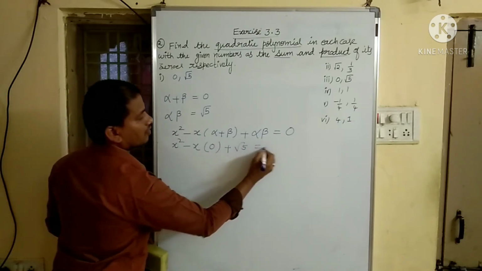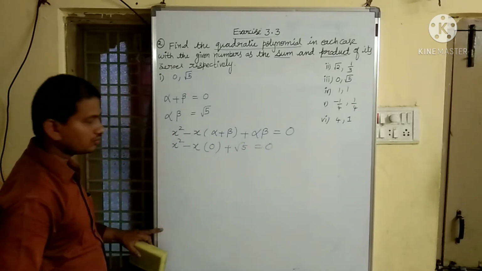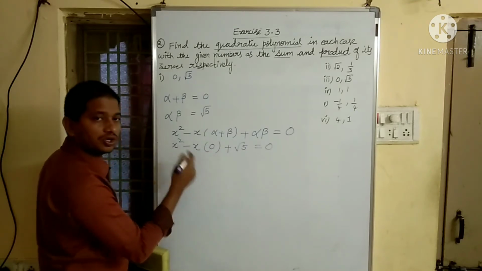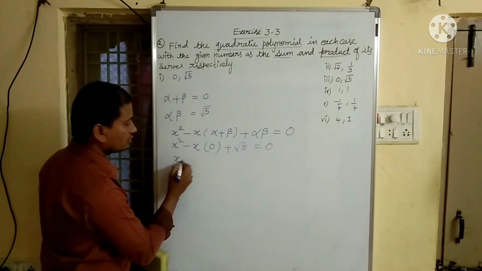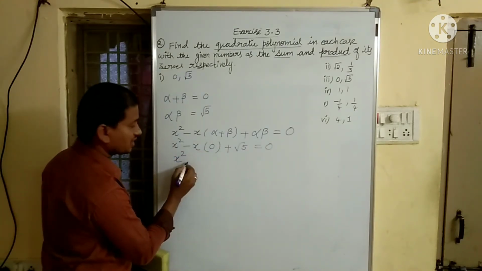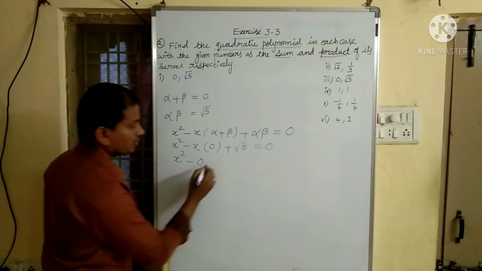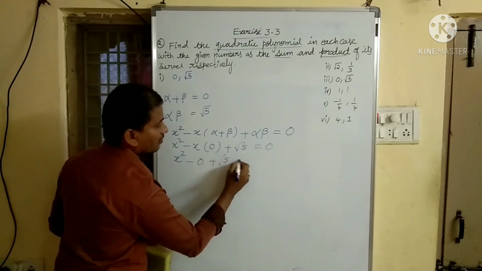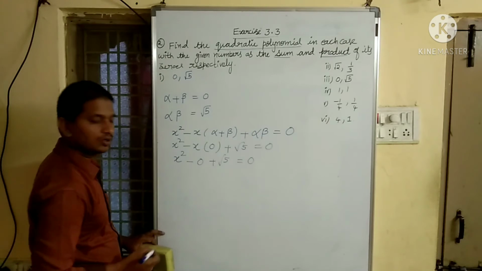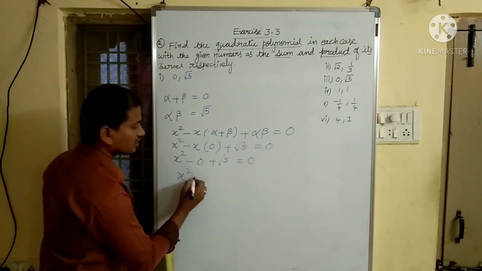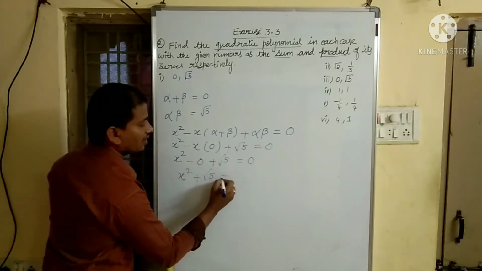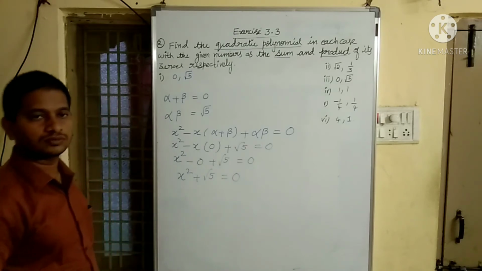Root 5, equal to 0. So x into 0 is 0, so no need of writing this term because it is 0 only. So x square plus root 5 equal to 0.